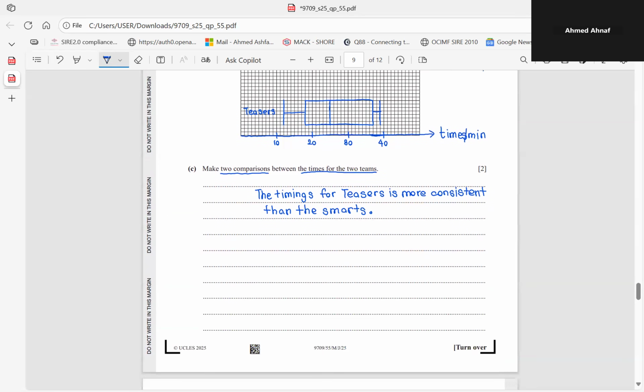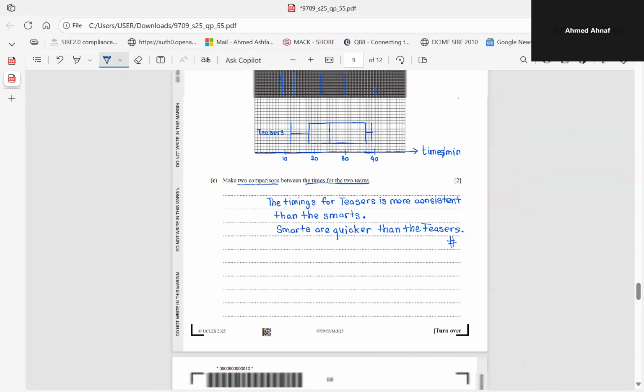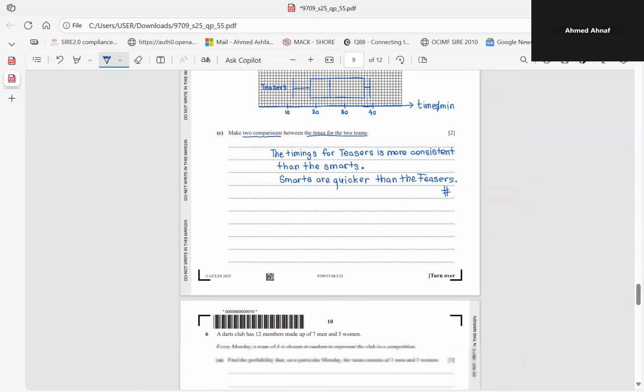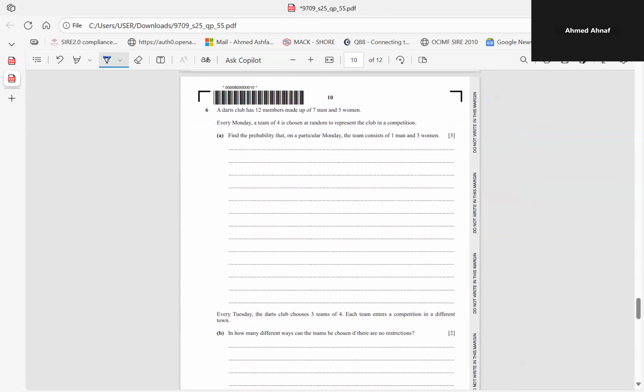So for that, we can say that smarts are quicker than the teasers. So this is our final answer for this part. Let's head on to the next question.